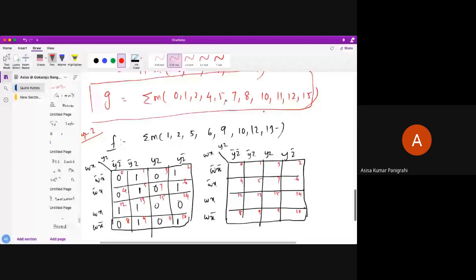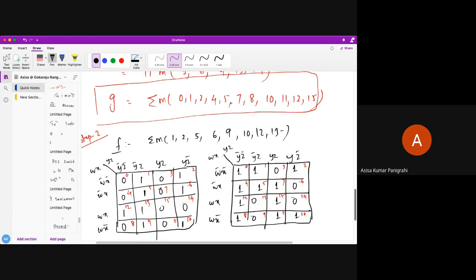What minterms are present in G? 0 is present, yes. 1 is present, 2 is present, 4, 5 are present, 7 is present, 8 is present, 10, 11, 12 and 15. So these many are present. Others are 0. Am I correct? Okay, so do you all get it?